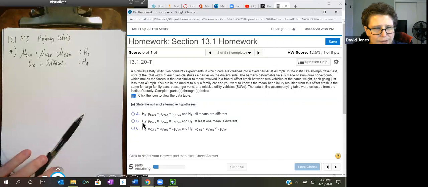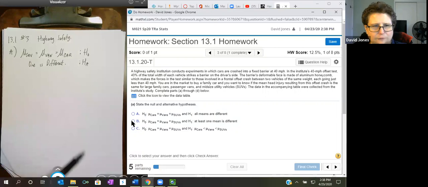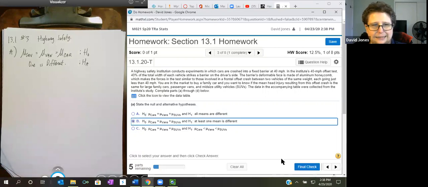A and B both have this. In fact, A, B, and C all have the same H naught. On C, they have them ranked. On B, it says at least one is different. On A, it says all means are different. The test is just to see if one of them is different. So this one should be the one that's slightly different.